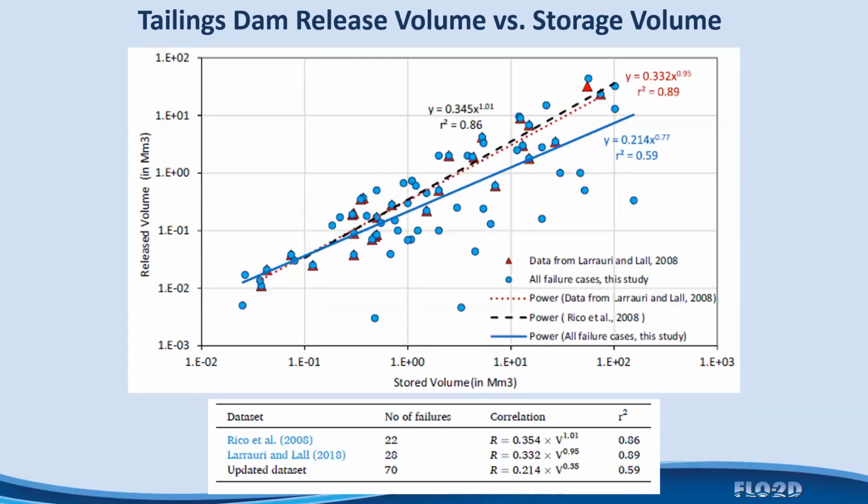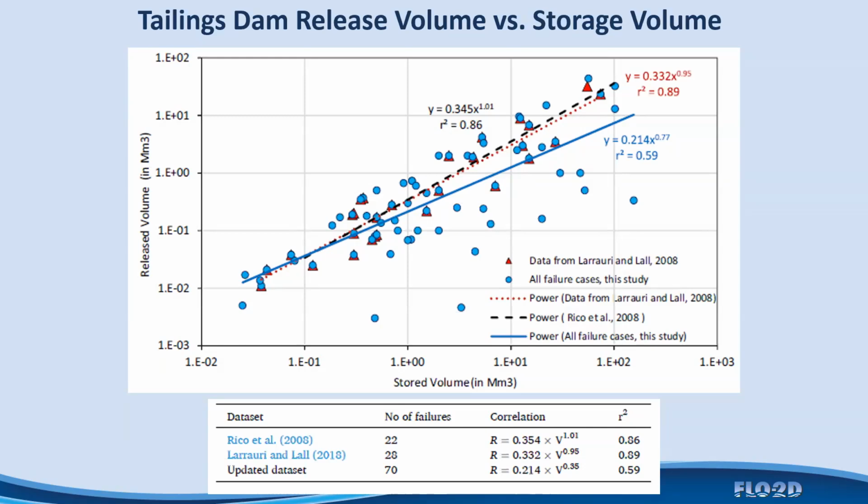This paper presents additional data for tailings dam facilities, using a newer database of tailings dam failures than the one we used 5 or 6 years ago. They use this new extended database to calculate empirical equations.